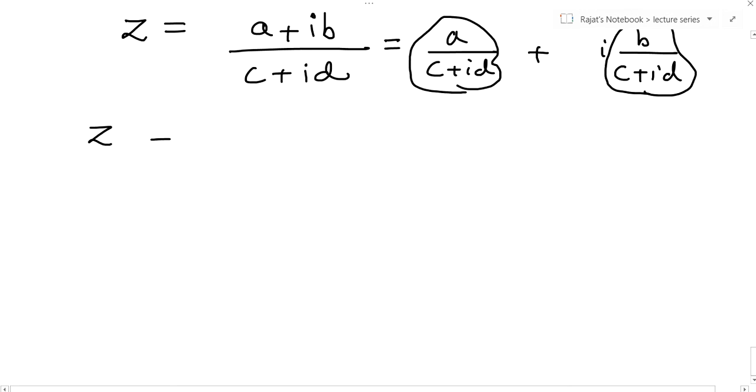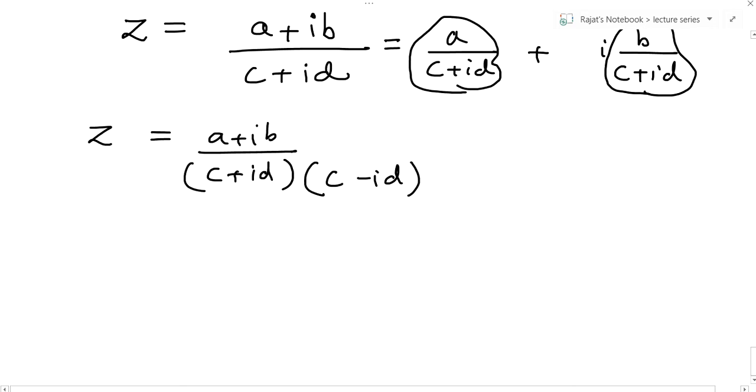Suppose z is equal to a plus ib upon c plus id. What we do is we multiply by the conjugate of the complex number. What is a conjugate? Suppose there is a complex number z equal to a plus ib, then we represent the conjugate of z by putting a line above the z.